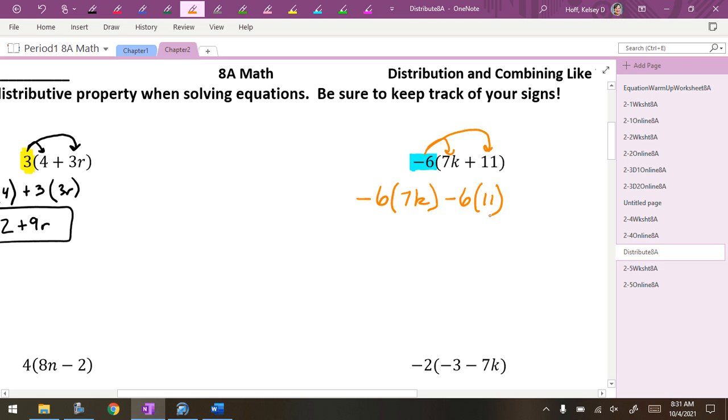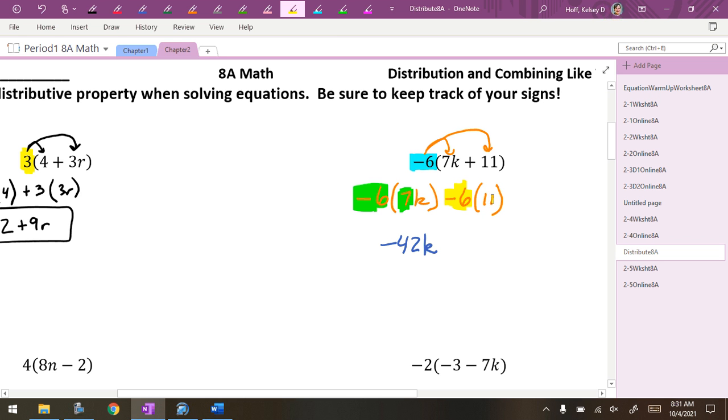Okay. Now grab your calculators. Take negative 6 times 7. Negative 42. So we write negative 42, but don't forget the k. Now you type in your calculator.